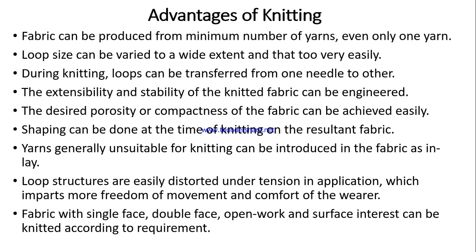So that shaping effect, that V shape, can be automatically done during the knitting process. Okay, in the resultant fabric, that cannot be done in weaving. Okay, as I have mentioned, in the knitting process you can produce a single garment, stitchless or seamless garment.